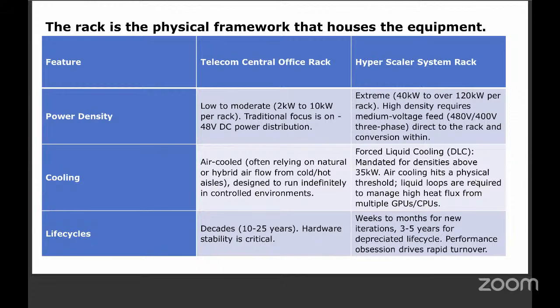Liquid cooling is mandated for densities above 35 kilowatt. Air cooling hits the physical threshold. Liquid loops are required to manage high-end heat flux from multiple GPUs and CPUs, and generally the industry calls them XPU. Like a CEO, CTO, we call CPU, GPU, XPU. So that is a generic name we give.